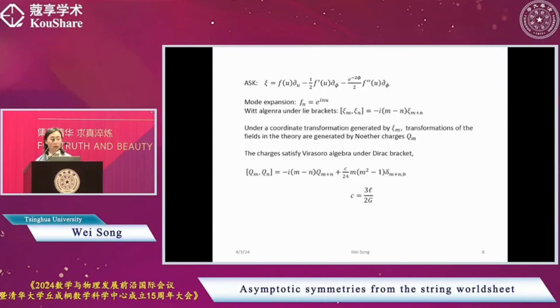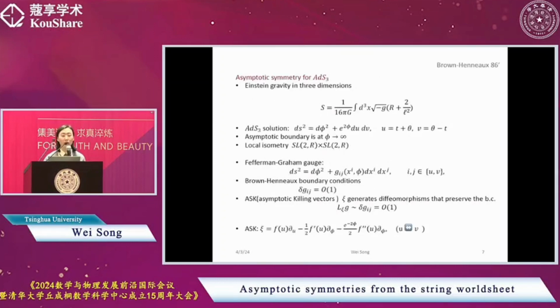In this theory, these charges form a Virasoro algebra with a central charge given by 3L over 2G, where L is the length of AdS and G is the three-dimensional Newton's constant. So this is the story of finding the asymptotic symmetry for asymptotically AdS3 spacetime in Einstein gravity.